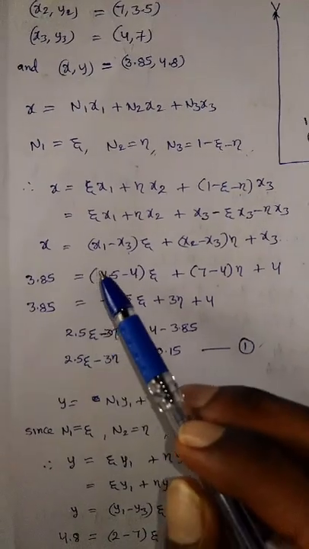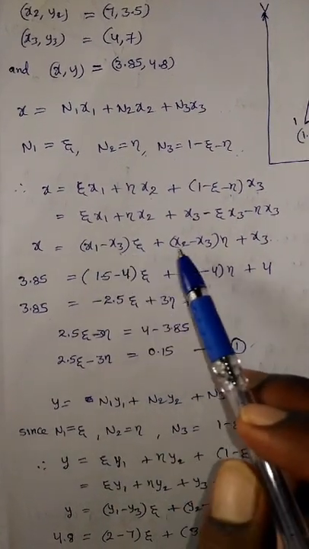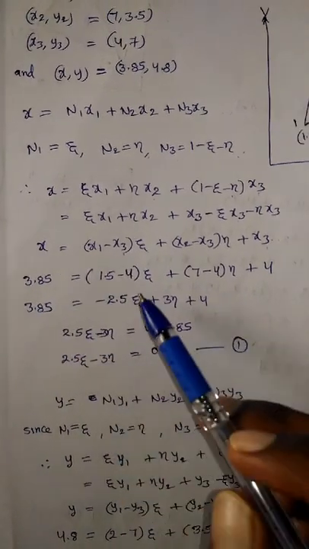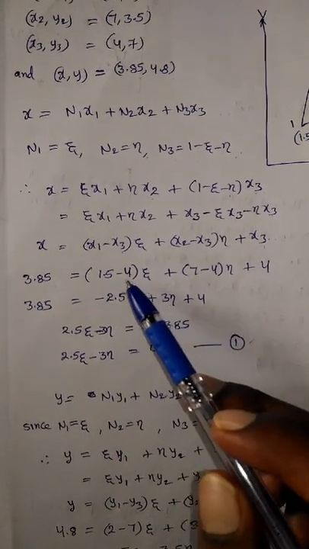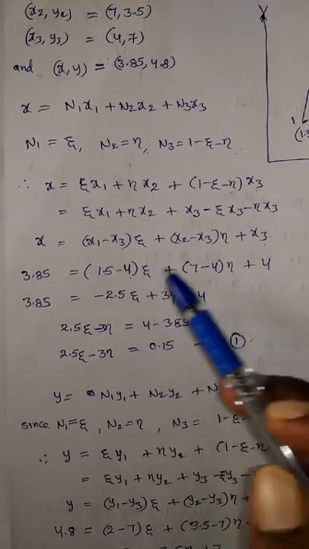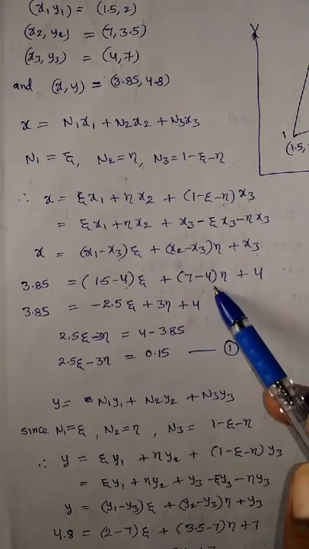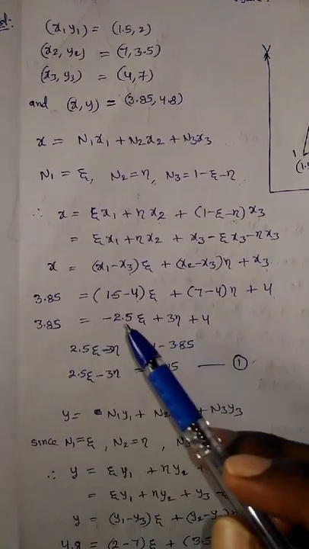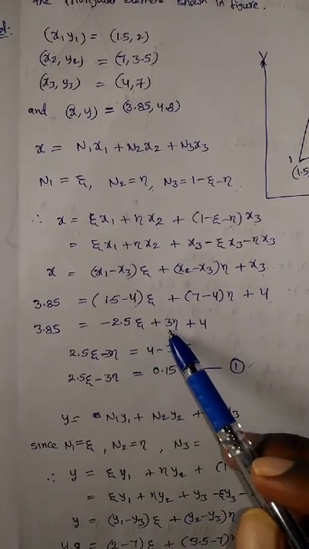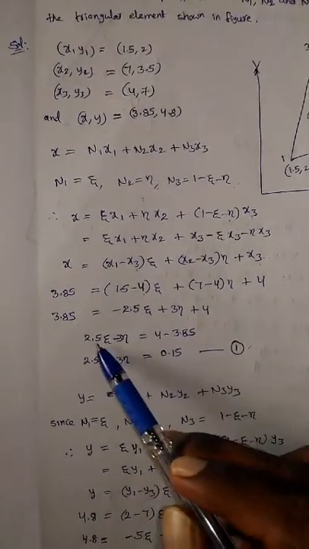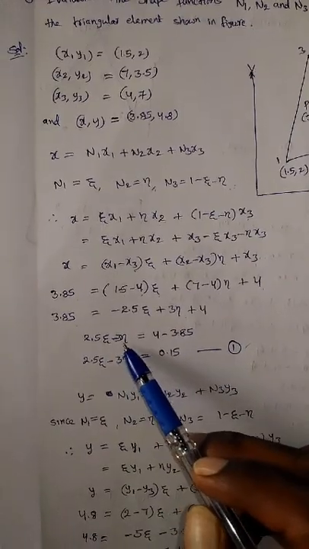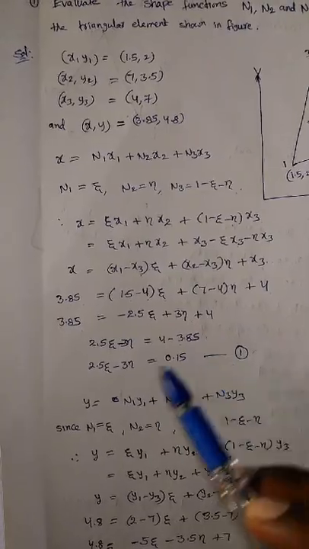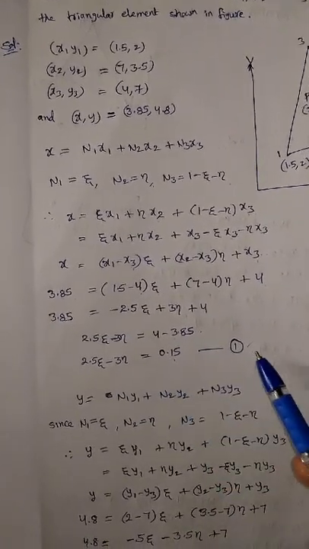Substituting all values: 3.85 equals (1.5 minus 4) xi plus (7 minus 4) eta plus 4, so 3.85 equals minus 2.5 xi plus 3 eta plus 4, that is 2.5 xi minus 3 eta is equal to 4 minus 3.85, that equals 0.15.